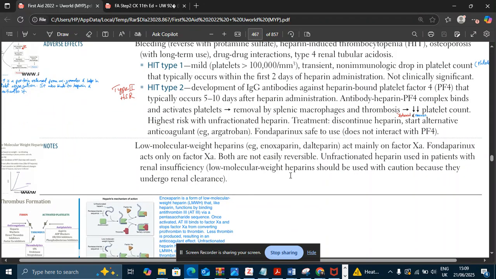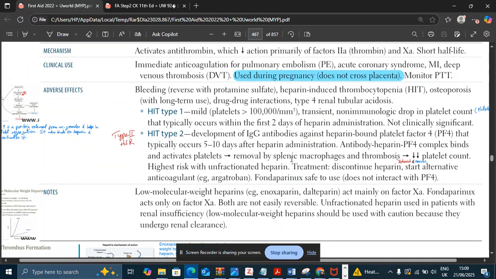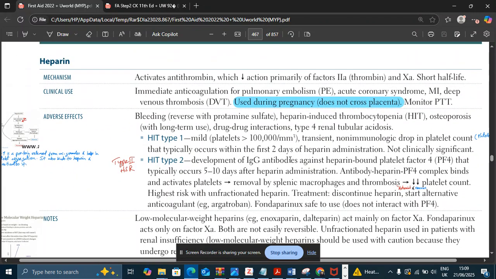Now let's talk about antithrombin deficiency. Antithrombin deficiency, you will see somewhere in First Aid, is also an important topic. I'm discussing it here because we have already talked about antithrombin 3. We have talked that heparin binds to antithrombin 3, antithrombin 3 gets activated and inhibits factor 2a and factor 10a.